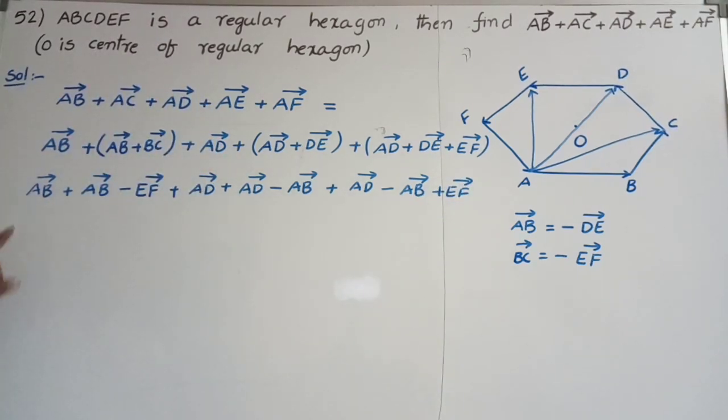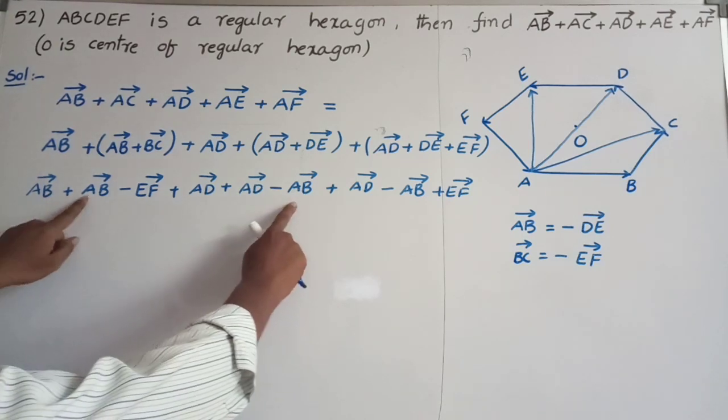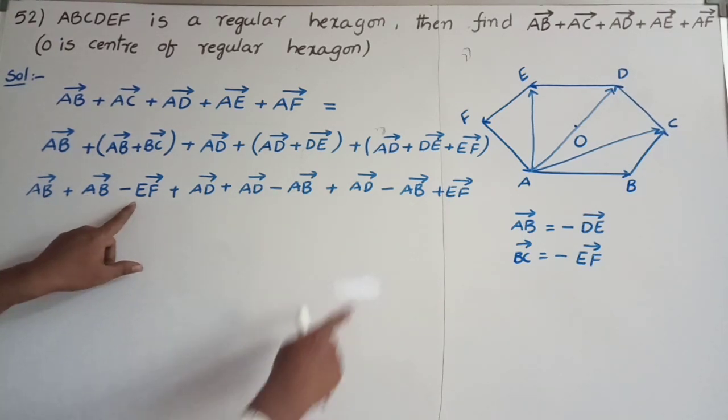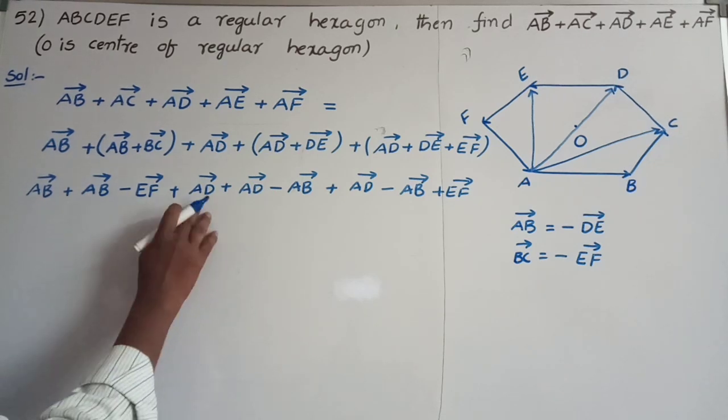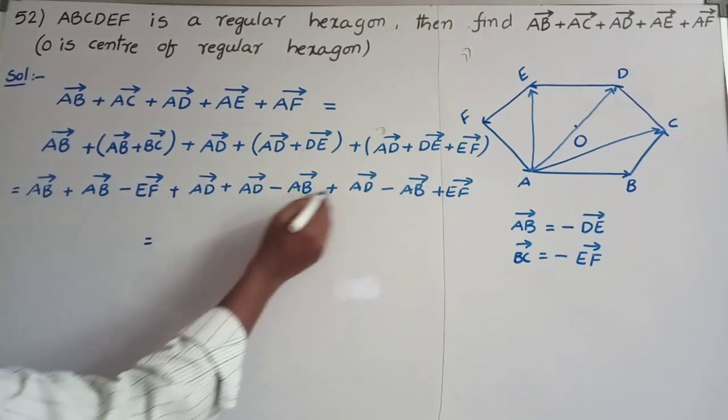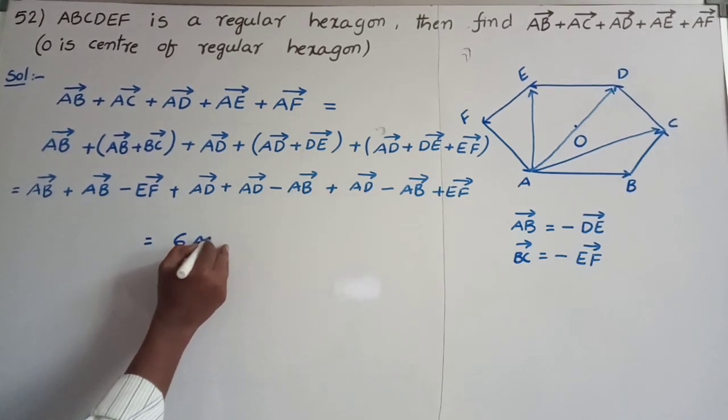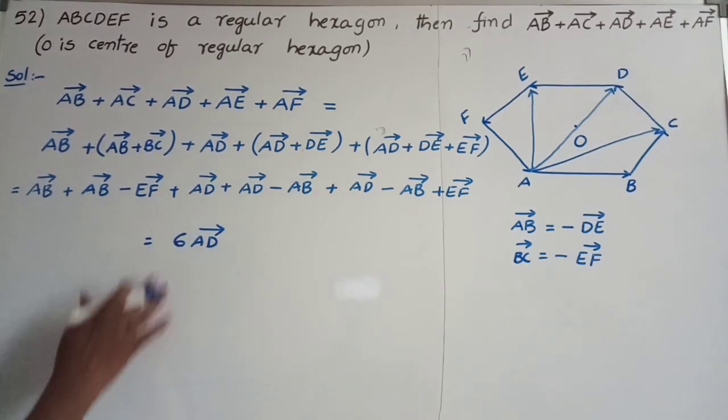If you observe here, plus AB and minus AB get cancelled, minus EF and plus EF get cancelled. We get AD bar plus AD bar plus AD bar, that is 3 AD bar.